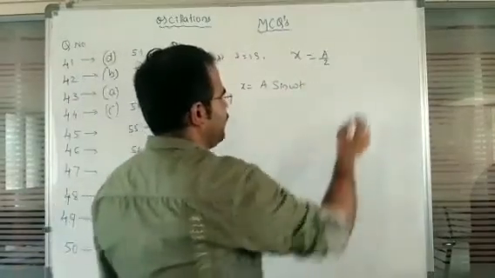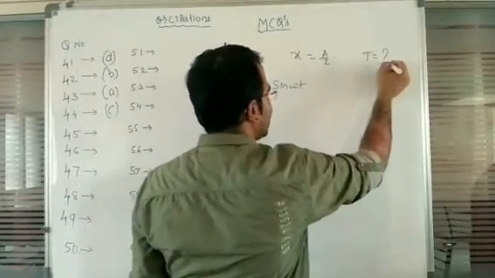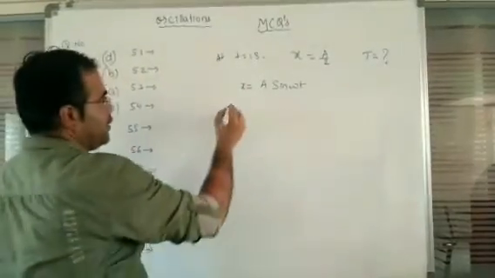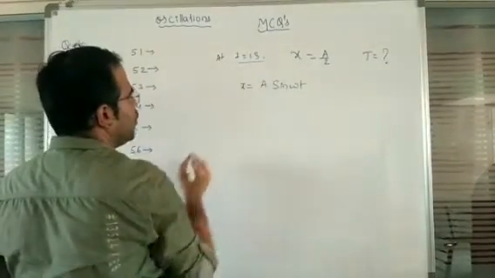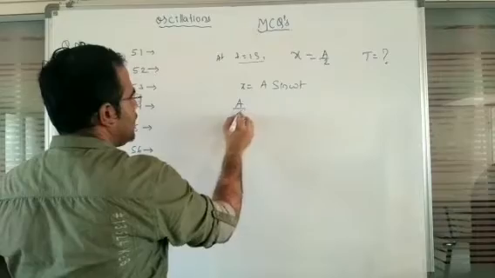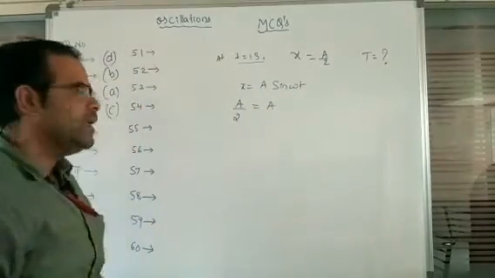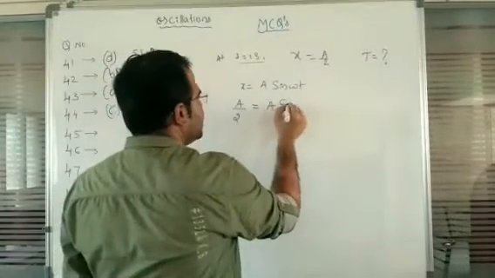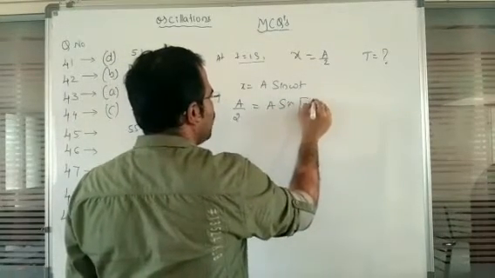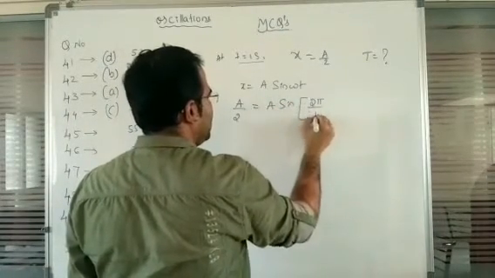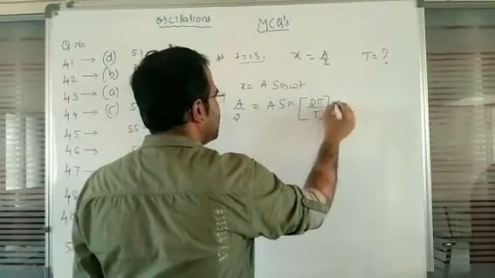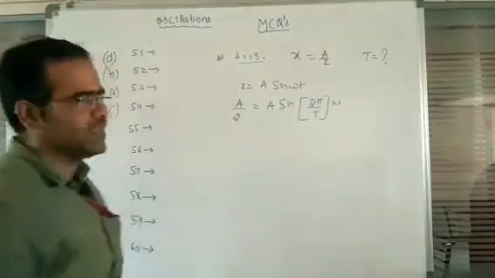In that one, we need to identify what the time period is. So when we observe for t equal to 1 second, the distance traveled is a by 2. So a by 2 is equal to a multiplied by sine of omega, which is 2 pi divided by capital T. Now the time interval is 1 second.